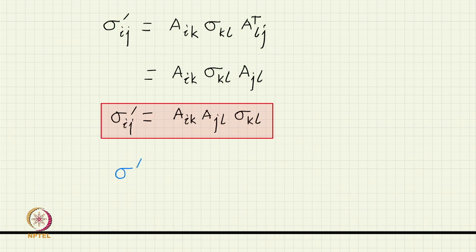So, let me first write them without any subscript. So, A, A and sigma. I want to transform the ij components.